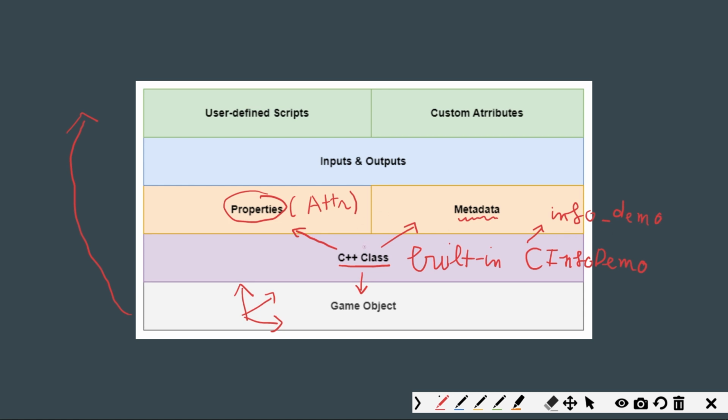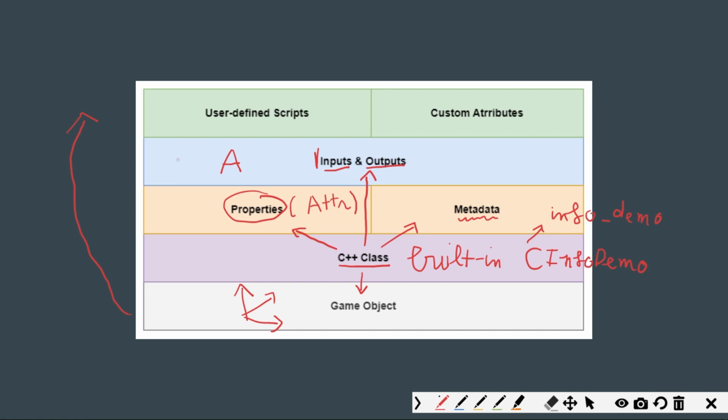So the third element the C++ class defines is the inputs and outputs. I/O itself is quite a big topic, so I will save it for later videos. But for ease of understanding, you can imagine we have entity A, for example.